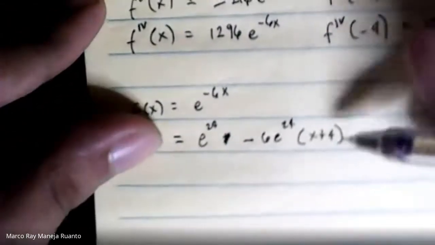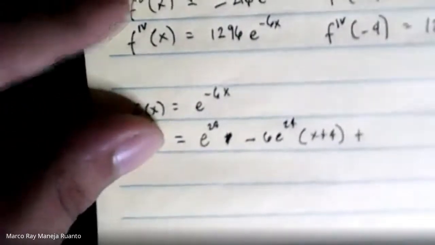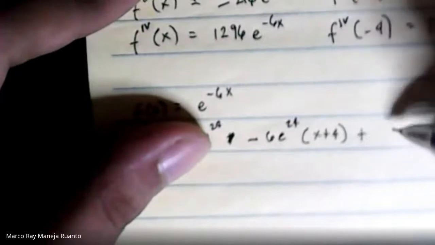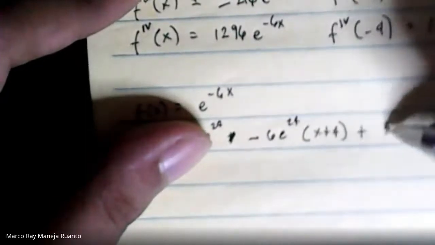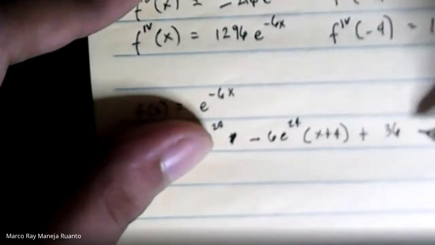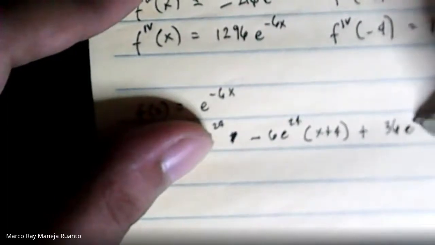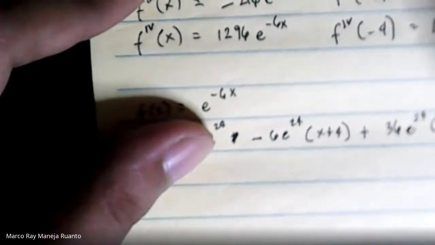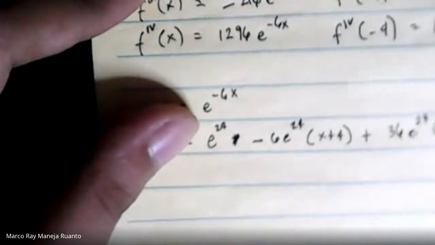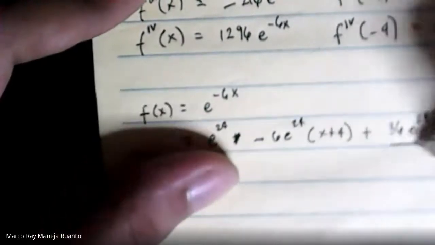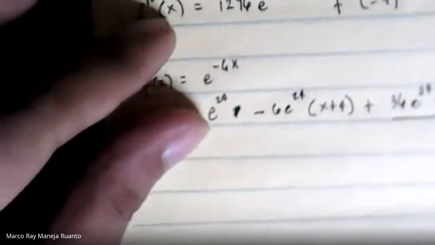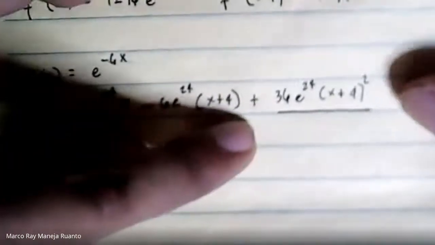Then the next term will be plus, where are we? Second derivative. So 36 e to the positive 24 x plus 4 squared over 2 factorial. Okay, 2 factorial is 4.